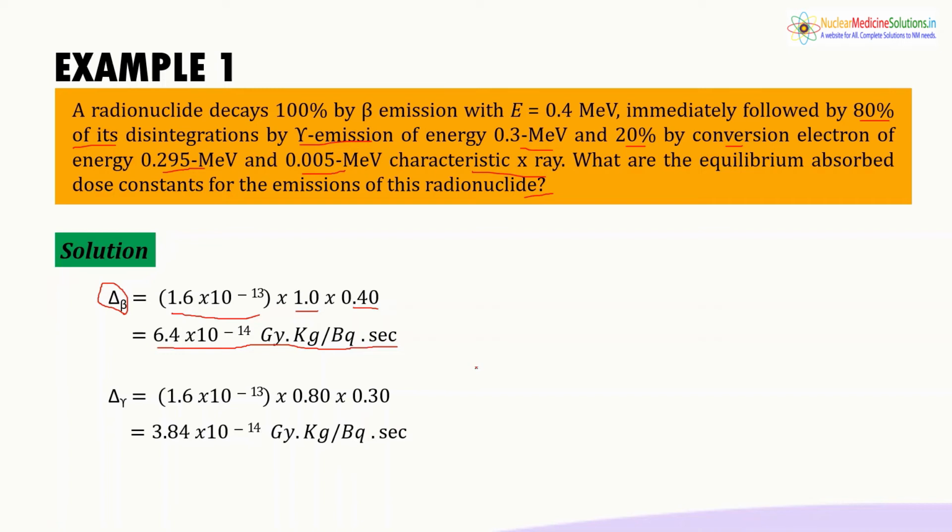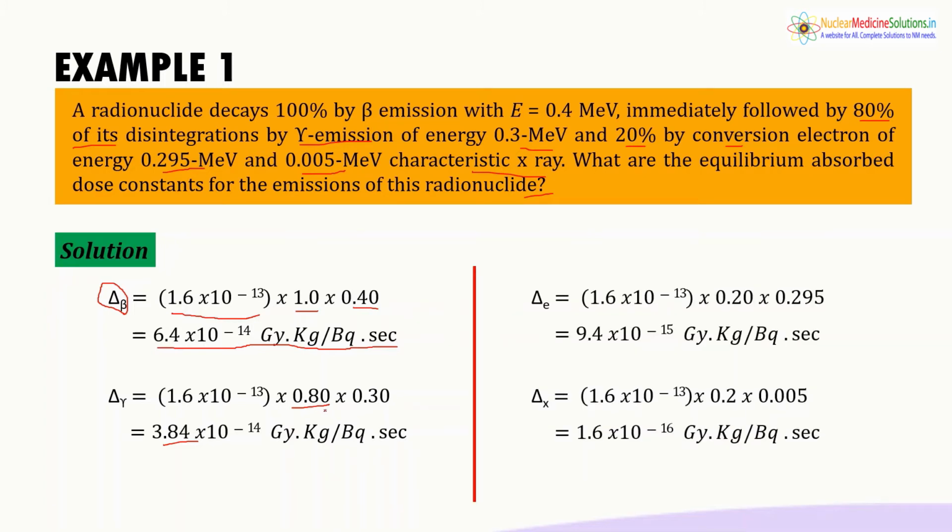Similarly, we can calculate for delta gamma, which will have a value of 3.84 into 10 to the power minus 14. Here instead of 1 we have written 0.8 because the contribution for gamma emission is 0.8, meaning 80%. Similarly, we can calculate for conversion electrons and characteristic X-rays also.